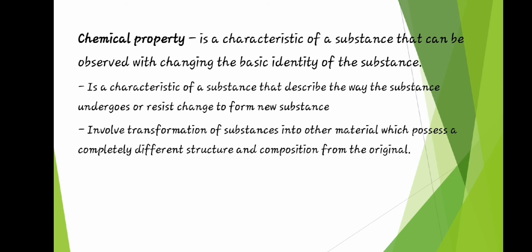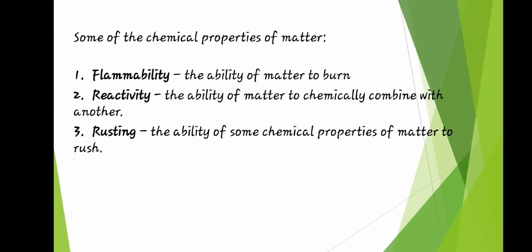Always remember that once the substance transforms, it possesses a completely different structure and composition. Ibang-iba na siya from the original composition. So that's why it explains the process of chemical property. Let's explain it further in the next slide.